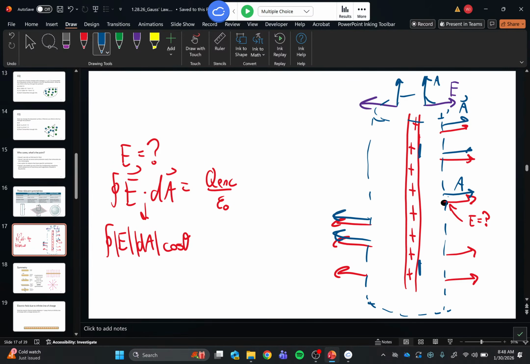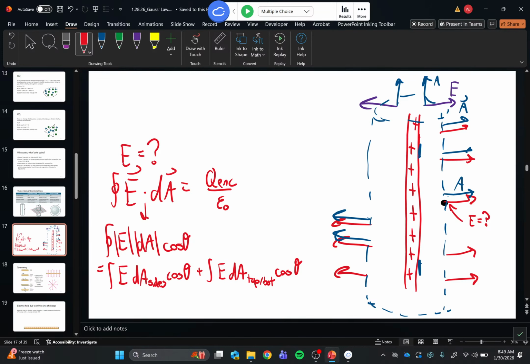So if we write this, we're actually going to break it into two pieces. This is going to equal the integral of E times the area on the sides times the cosine of theta, plus the integral of E times dA of the top and bottom. I'm just going to put both here. We've got to do the whole thing.